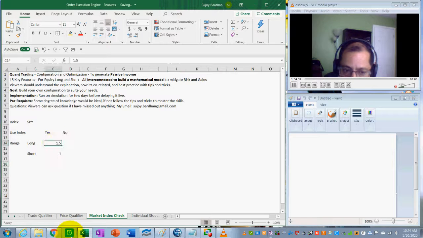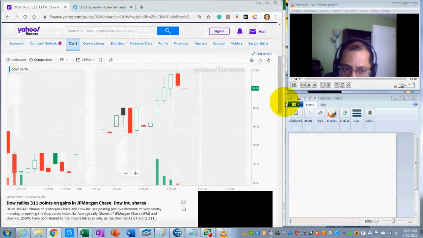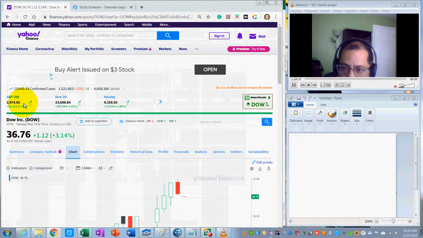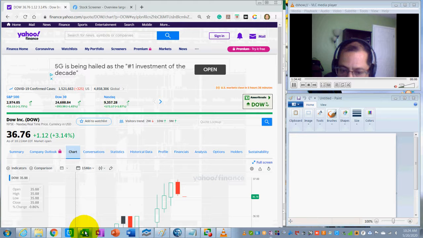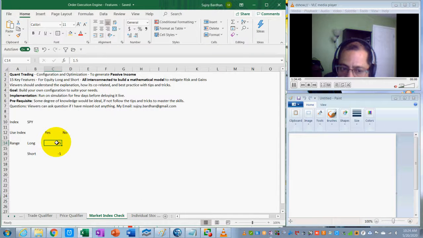On a day like today, when the S&P is over 1.75% as of right now, this would have qualified if you had told the order execution or the algorithm to look for long-term investments if it is over 1.5%. But under this condition, assuming you have put in that it should do shorts if it is below -1%, as you can see, the market is not in that direction.